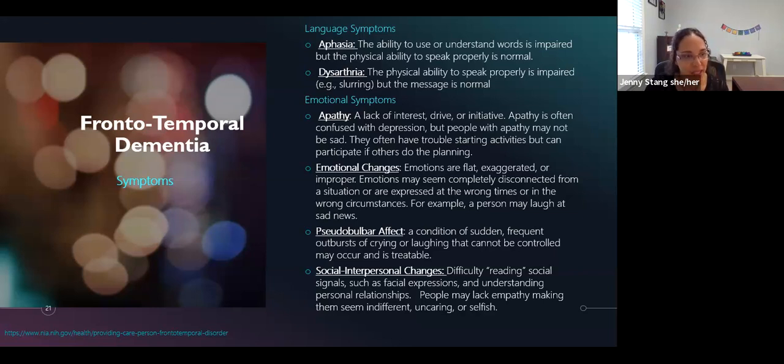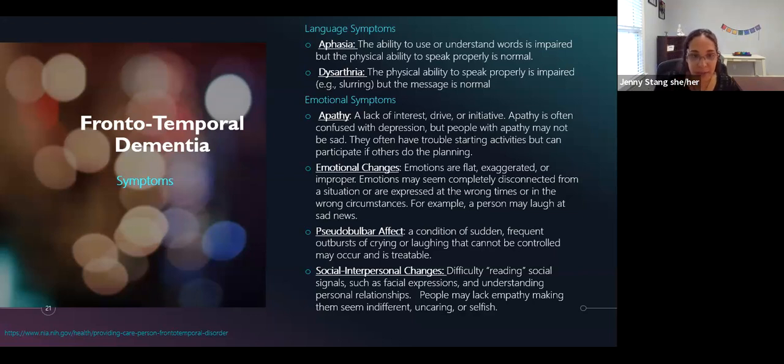So his ability to speak wasn't impaired, it was just using the wrong words. And then dysarthria is the physical ability to speak properly is impaired, like you're slurring, but the message is normal. So they're using the right words, they're just having a difficult time forming those words.